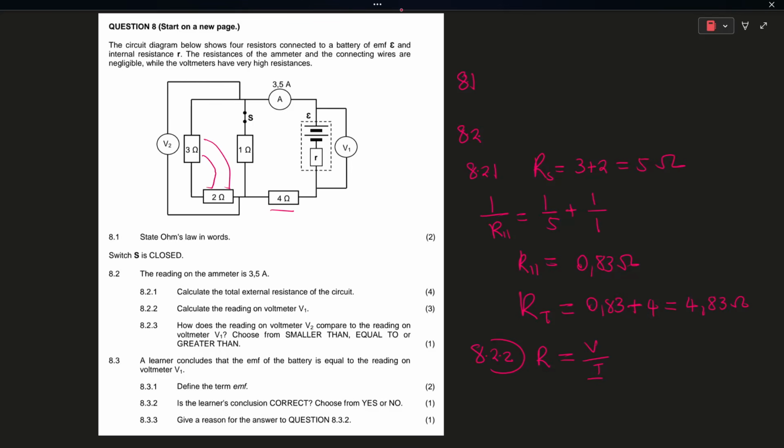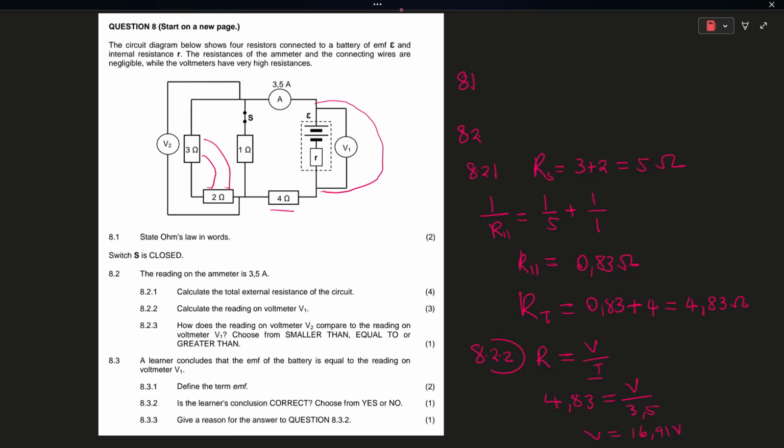What is R? We are going to have 4.83 is equal to V over I. What is I? It is for the whole circuit, the entire circuit is 3.5. V1, you can see it's here, across the resistor. And then you multiply, what are you going to get? 16.91 volts. These are very good marks.